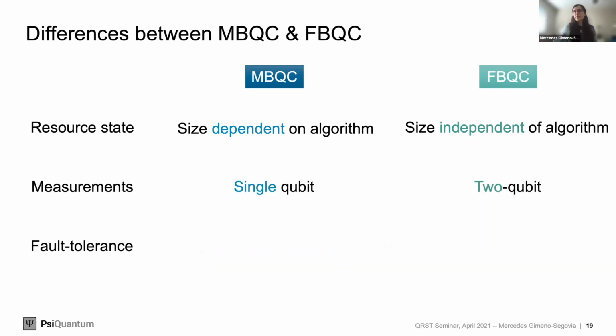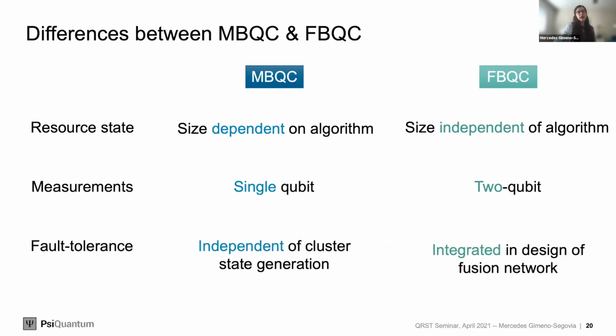Secondly, in measurement-based quantum computing, the measurements are on single qubits, whereas for fusion-based they are on 2 qubits. And the third one is that fault tolerance in MBQC is an add-on on top of your cluster state generation. There are 2 independent processes, whereas in fusion-based, your error correcting code is encoded in the structure of the fusion network, so you use it to build it.